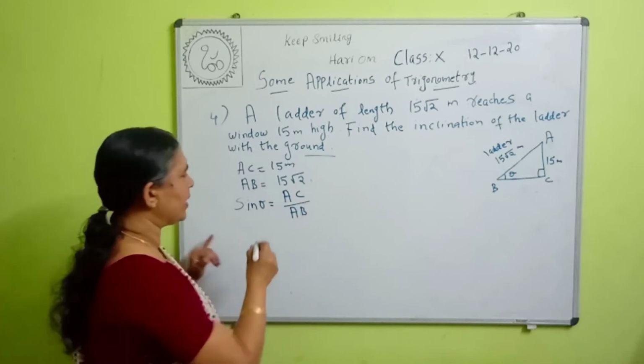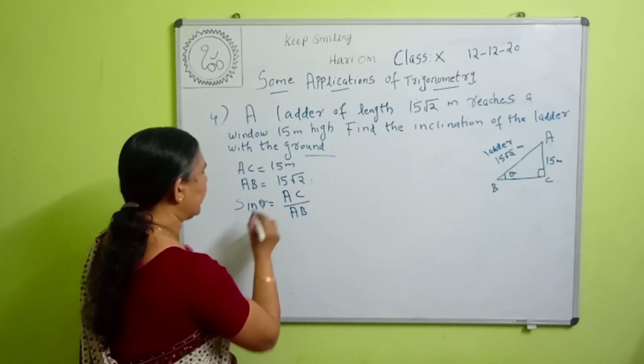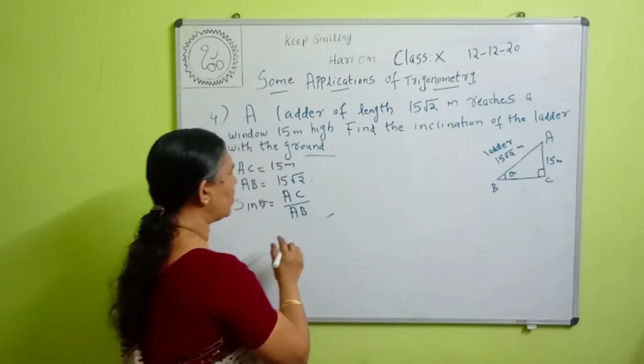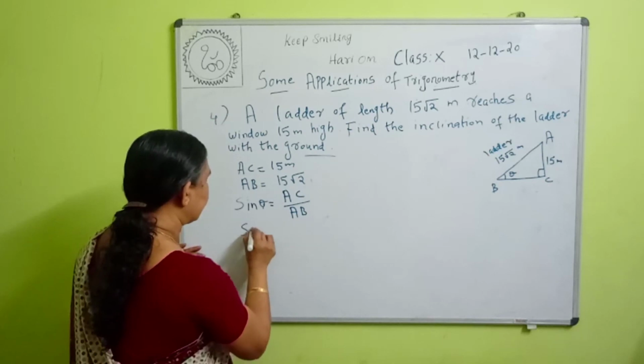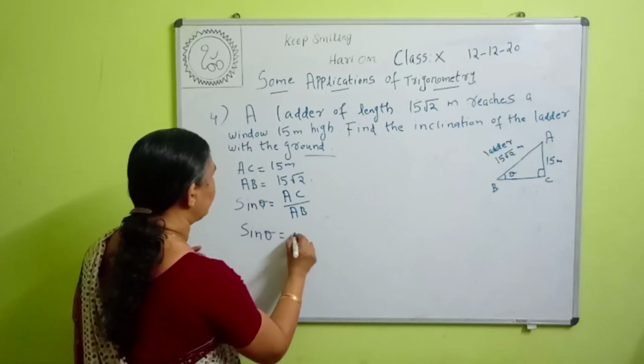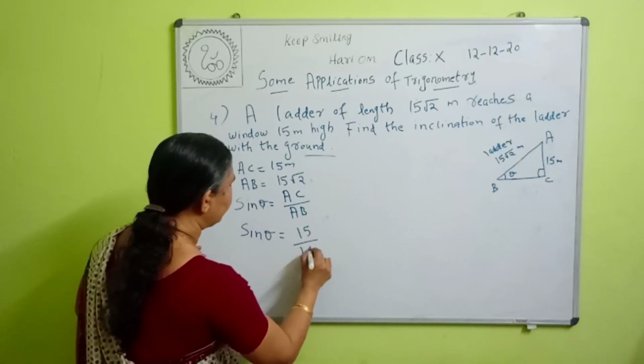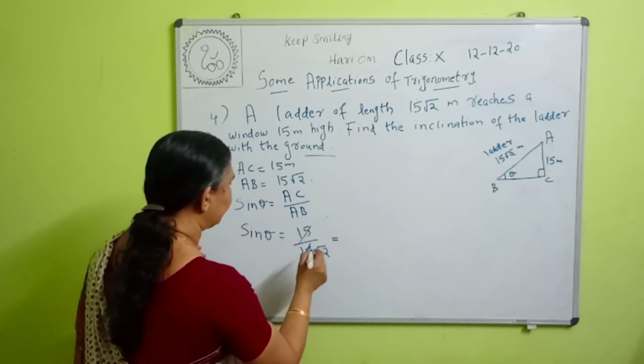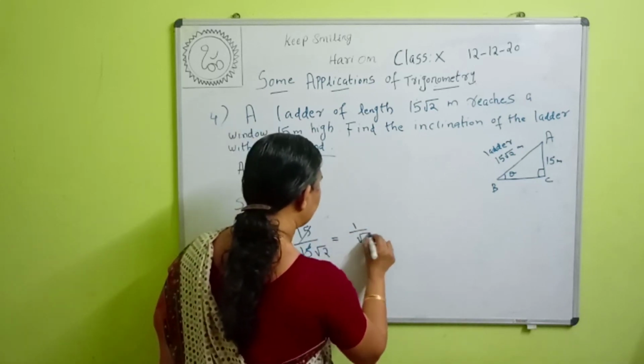Therefore, sin theta is equal to 15 by 15 root 2. We can cancel the 15, then it is equal to 1 by root 2.